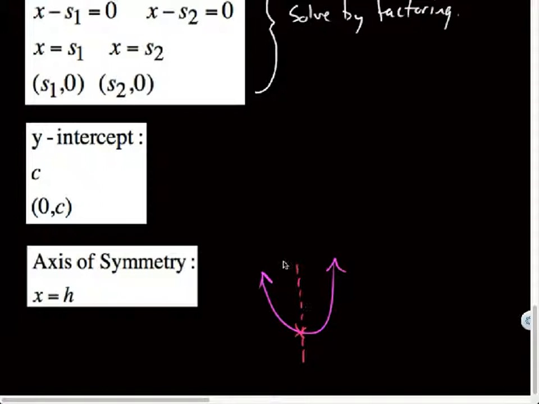The cool thing about the axis of symmetry is it will always pass through your vertex, h comma k, and x equals h is its equation. Don't tell me that the axis of symmetry is just h, or your number. So don't just say, my axis of symmetry is 2. That would be wrong, because the axis of symmetry is not just a number. 2 is a number. X equals h represents the equation of a line.